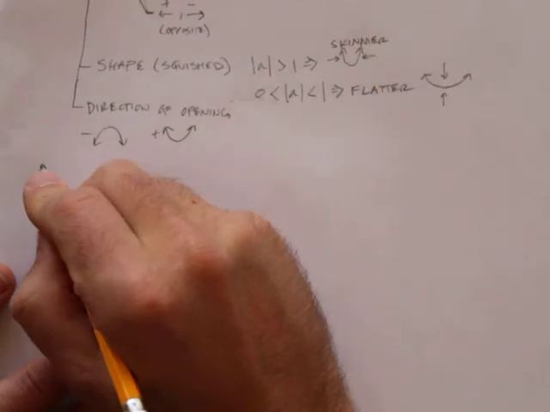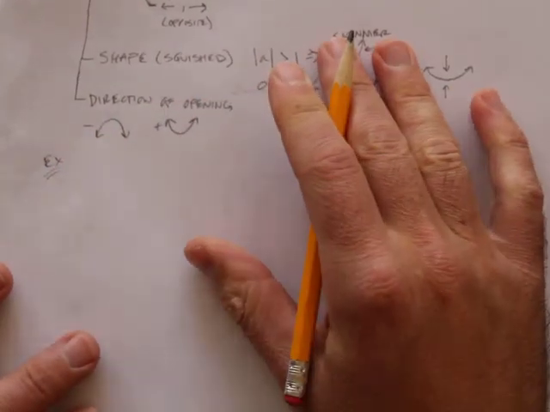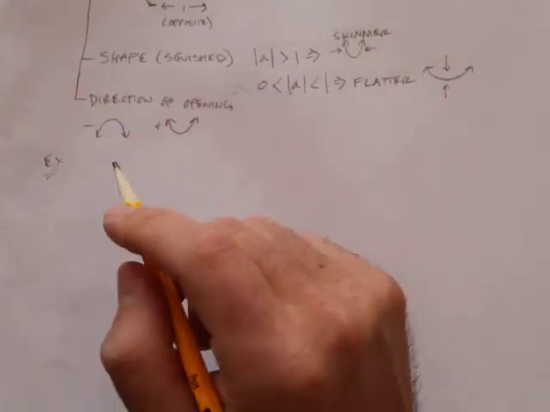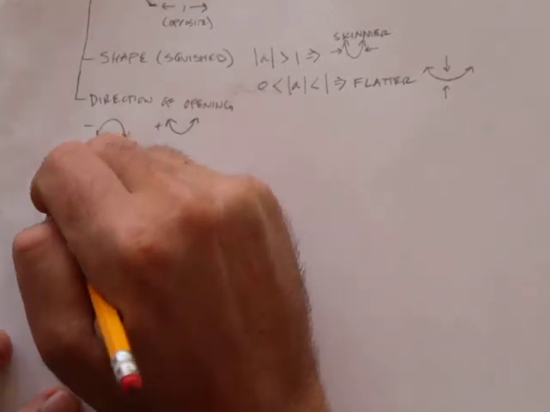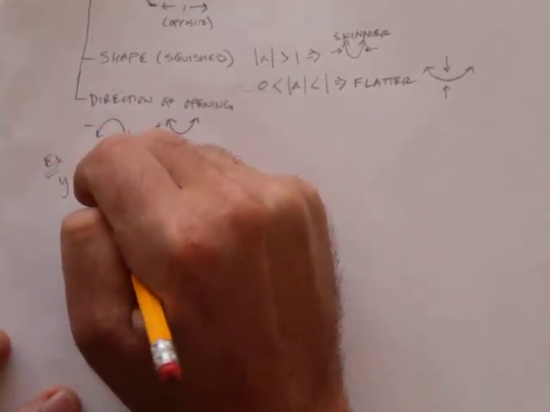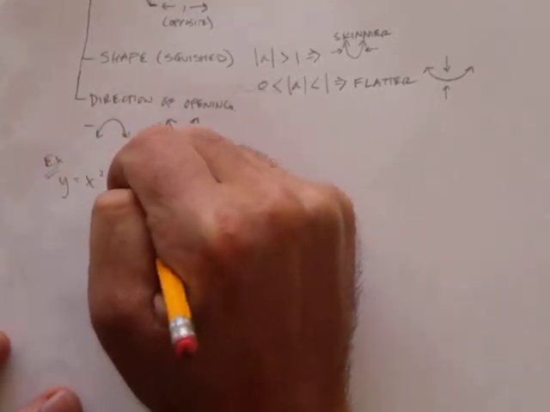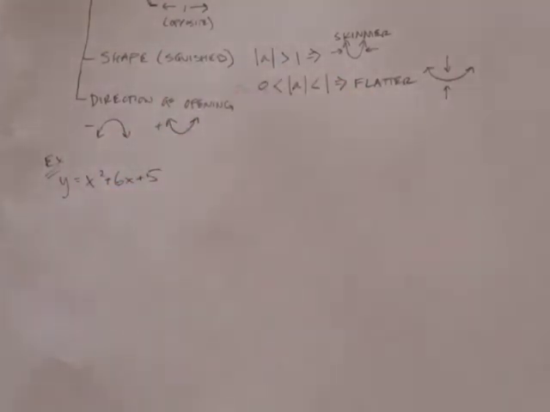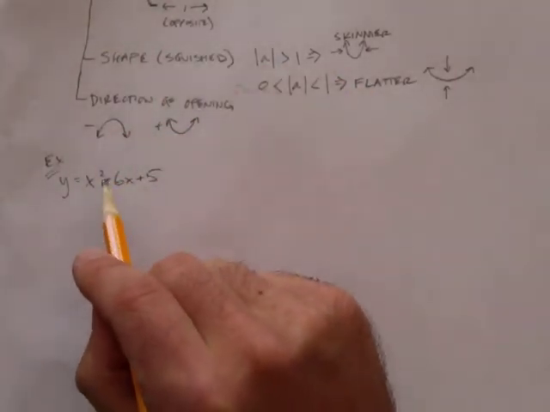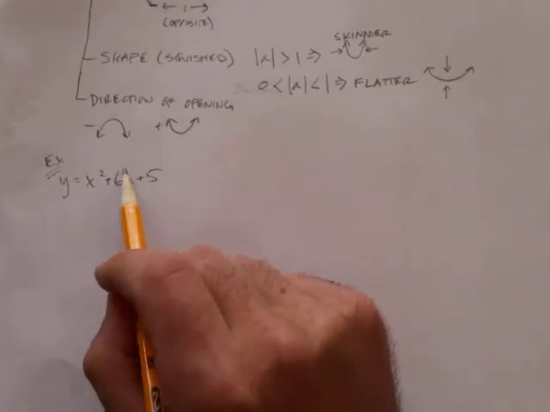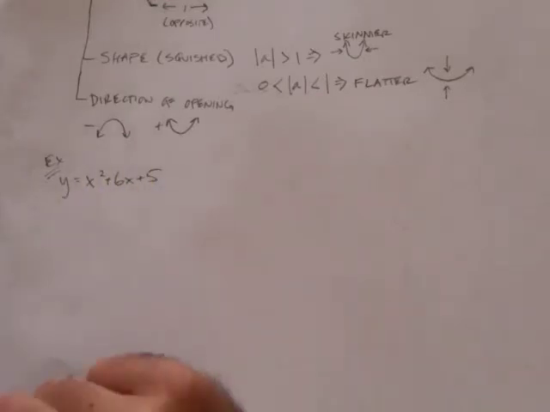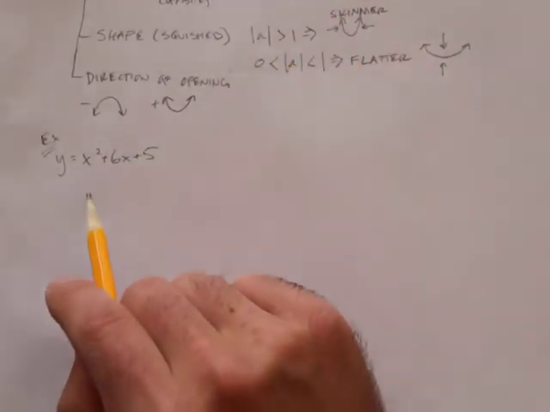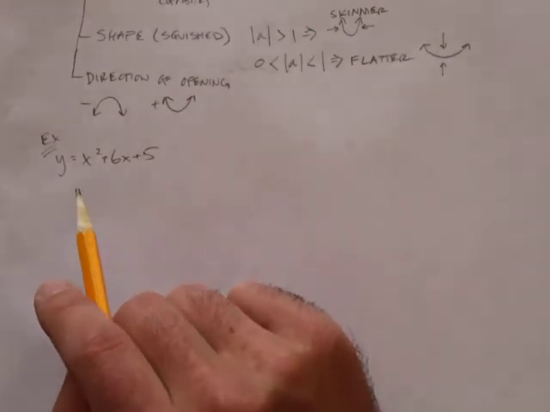Let's go on and we're going to write an equation, and we are going to change this to vertex form. So this is our standard form that we've been using, and we are going to change this to vertex form.